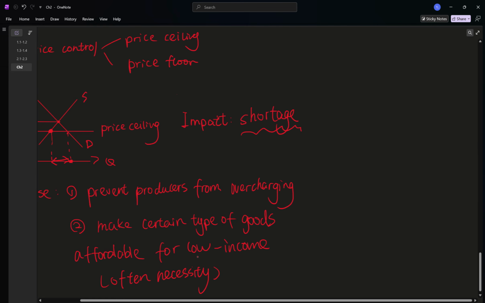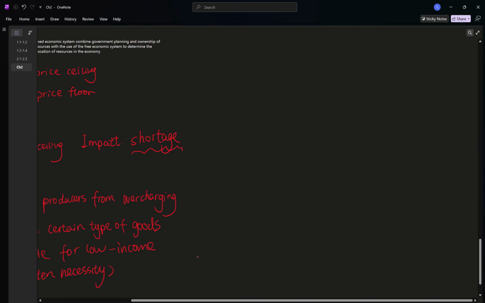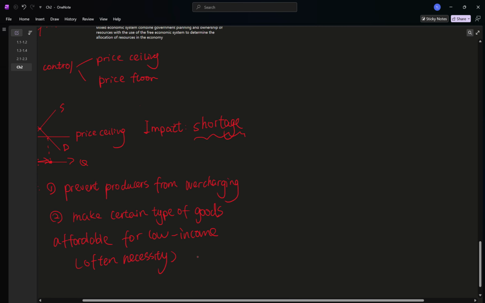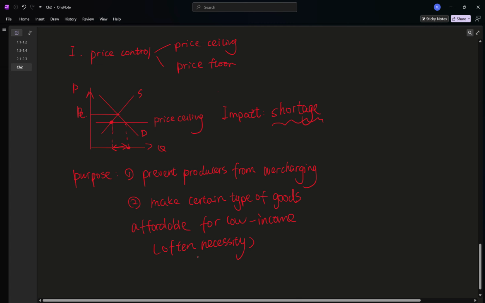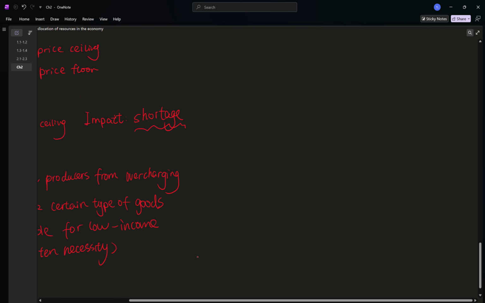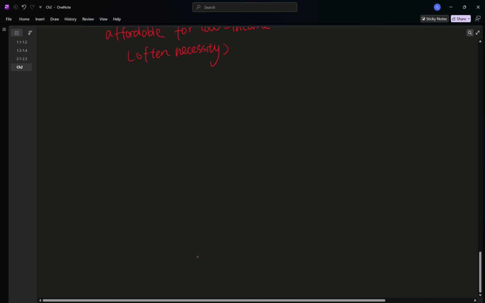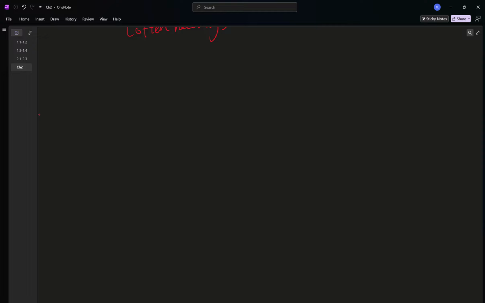Now let's think the other way around. Okay, let's do it right here, about the price floor. Price, quantity, demand and supply.